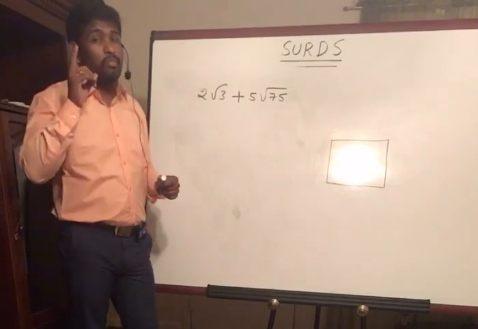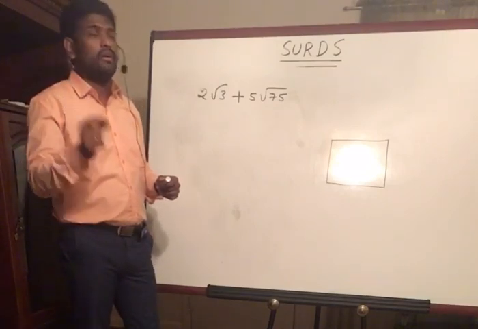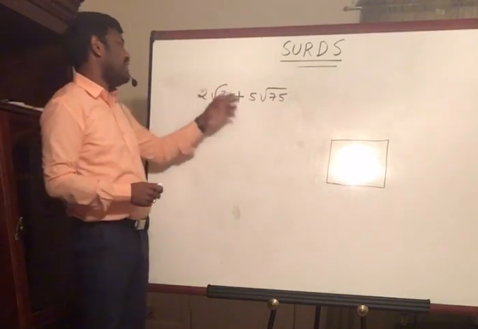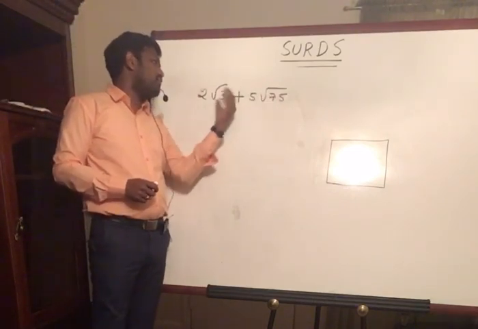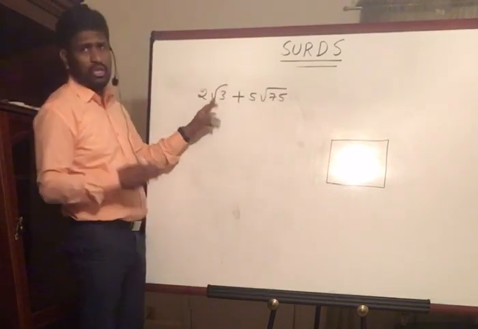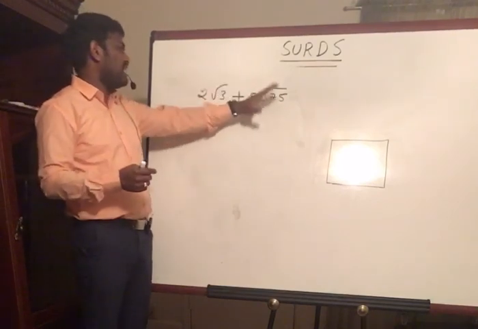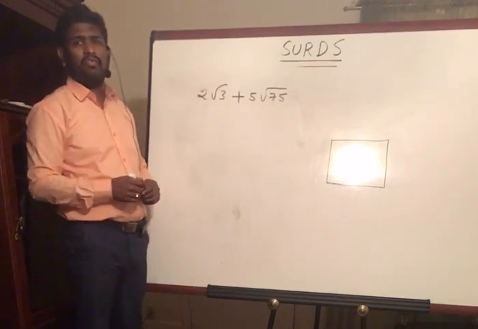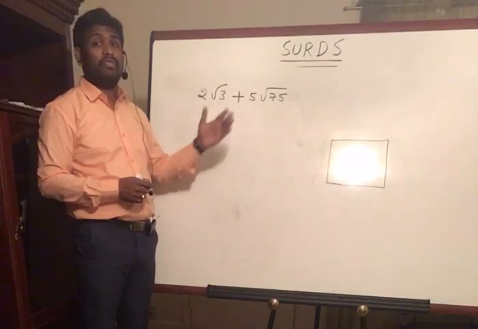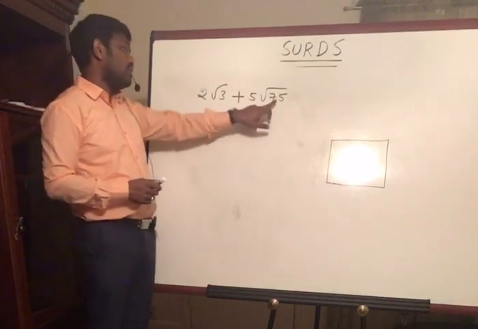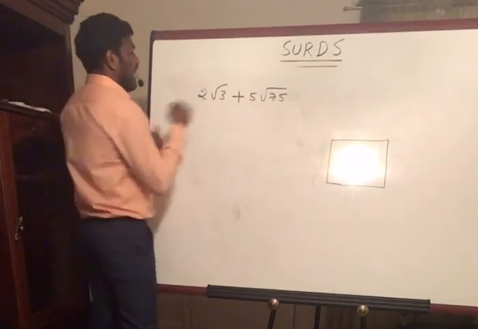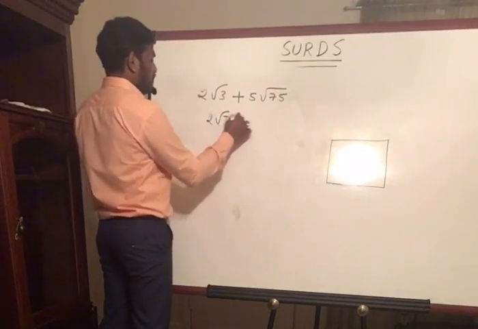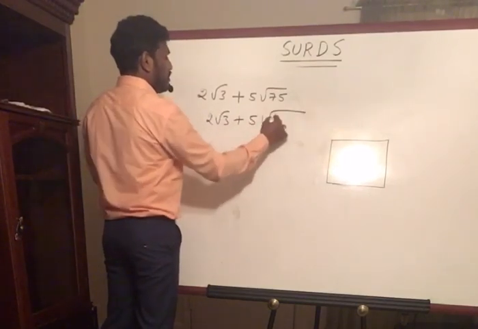Now, this is the most important thing you need to remember: see if any one of them can be further simplified. Root 3 cannot be simplified further. Now check if root 75 can be. Yes, it can, because 75 can be written as 25 times 3.